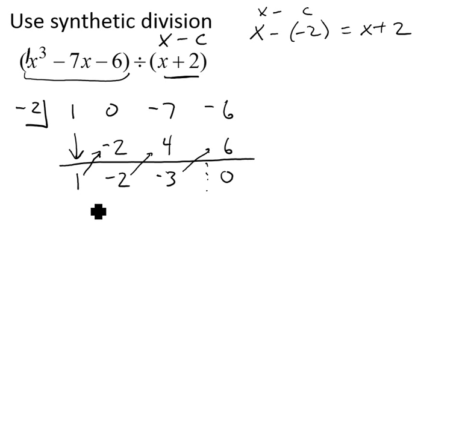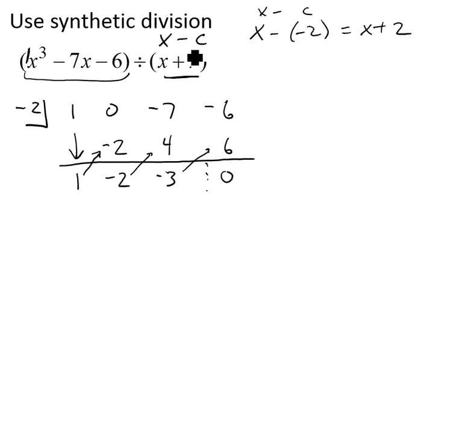The numbers on the left side of that are the coefficients of our quotient, our answer. We started with a third degree polynomial, and we're dividing by an x to the first polynomial. If I ignore the other terms for a second, x to the third divided by x would leave me with x squared.